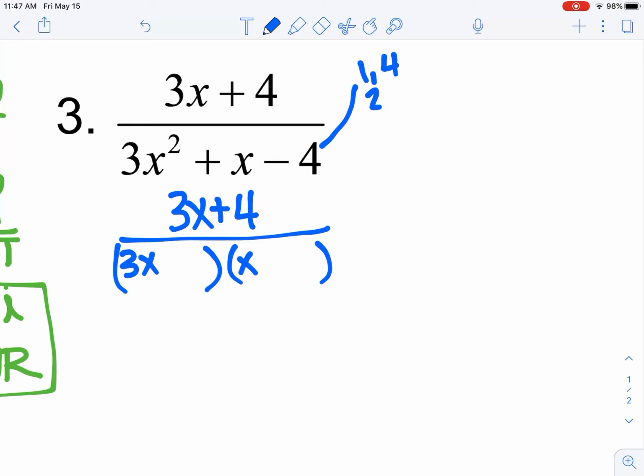So the factors of 4 would be 1 and 4, 2 and 2. And I'll let you work on the factoring. If you want to pause and try it on your own, you can do that and then check your answer. You should end up with 4 and 1, and then our 4 is going to be positive, the 1 will be negative. So you can see that that gives us 4x minus 3x, which would be 1x, our middle term.